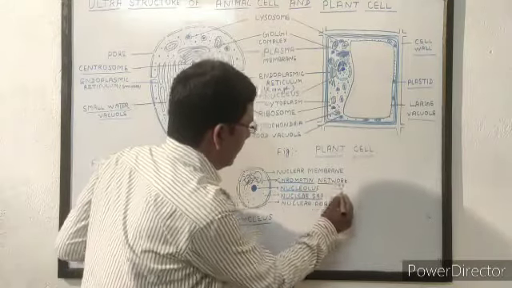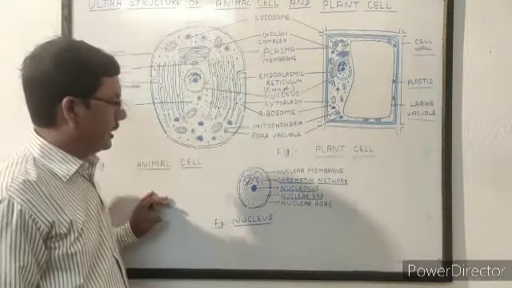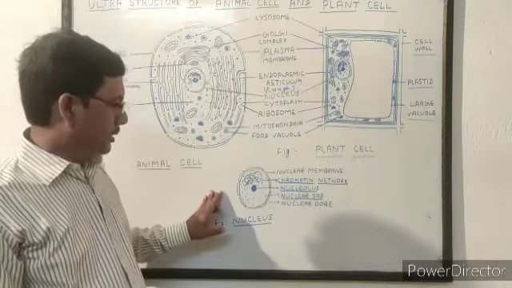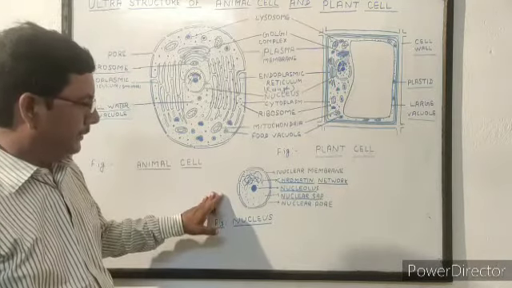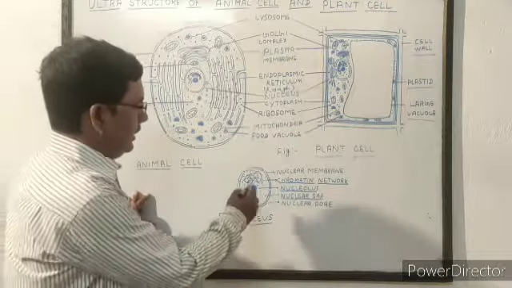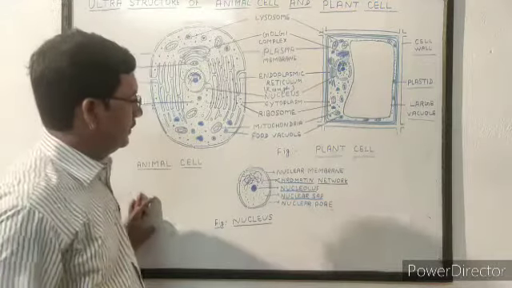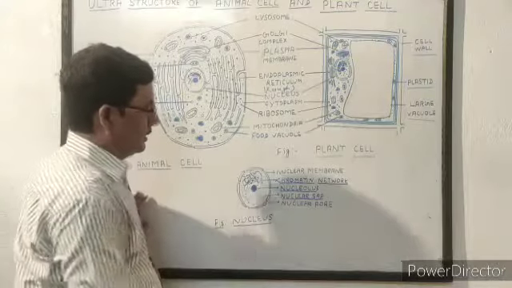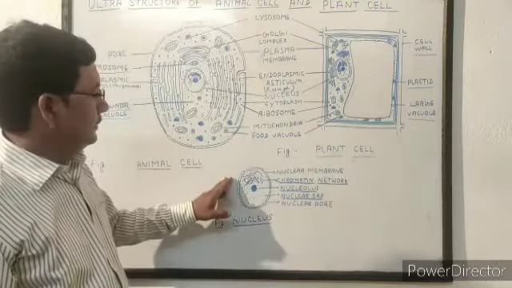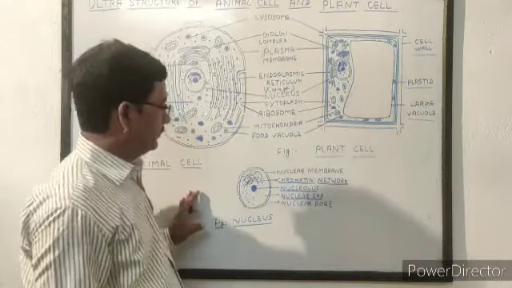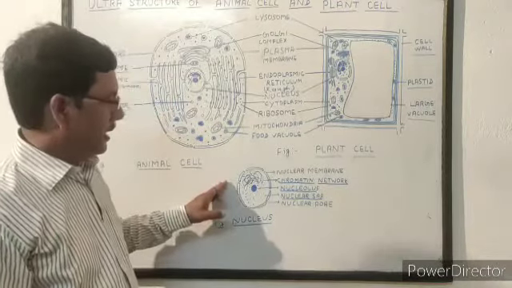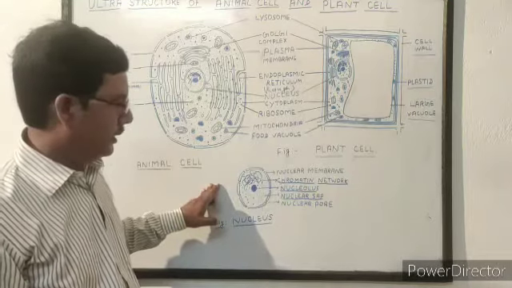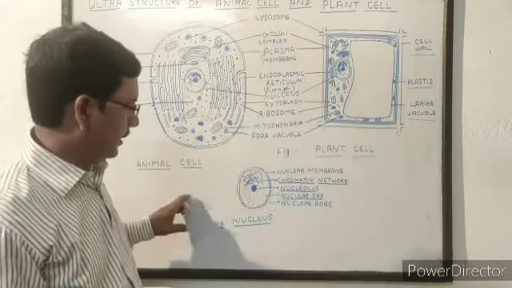Nucleolus is a central, massive, round structure which is present in the center of nucleus, and is made up of RNA. And chromatin network is in the form of interwoven thread-like structures. They are a stage of chromosome, and it is made up of DNA and protein. It is genetic material.